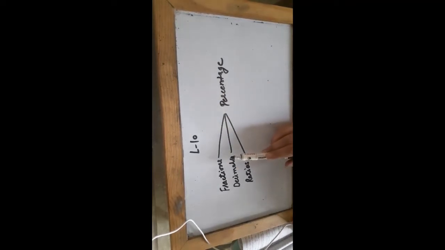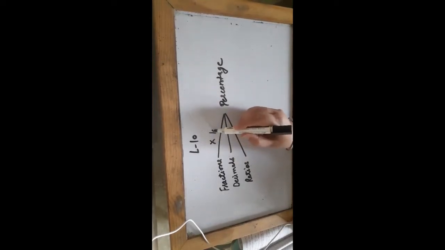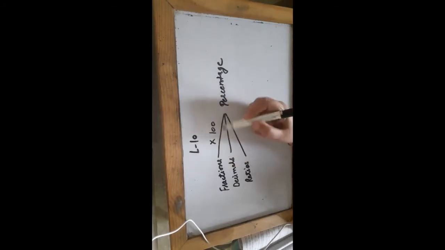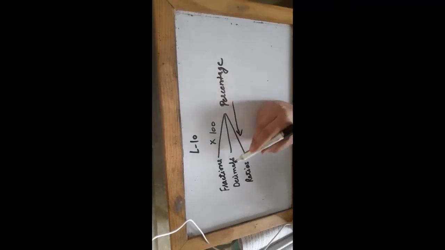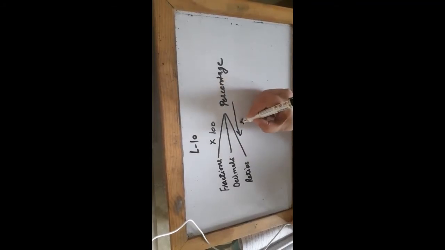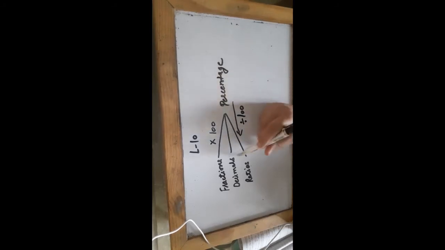It's very simple. If you have to convert fractions, decimals and ratios into percentage, we multiply with 100. We multiply the fraction, the decimal, the ratio with 100 to get the percentage. And if you have to convert percentage into fractions, decimals or ratios, then we divide the percentage by 100.